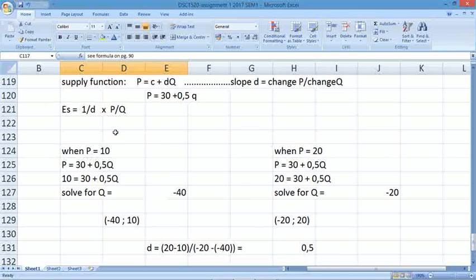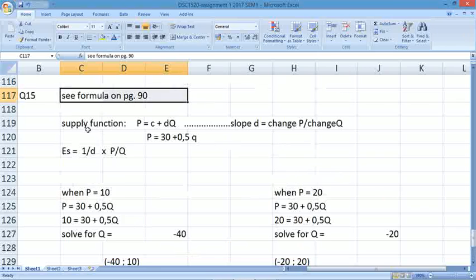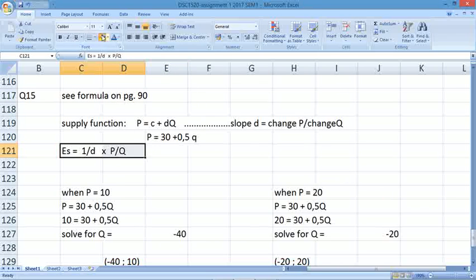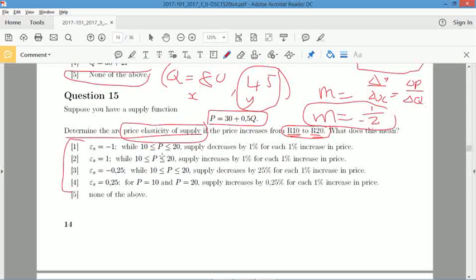So looking at this equation, there's the equation for the elasticity of supply, which is 1 over D times P over Q. Then I'm looking at the equation here. We had two P's: P as 10 and P as 20.